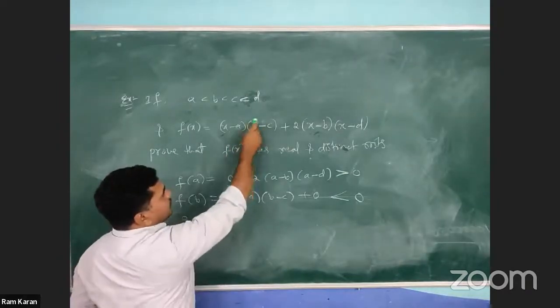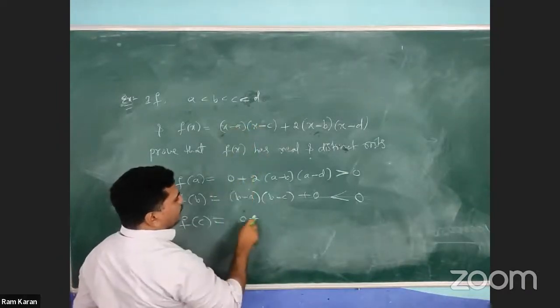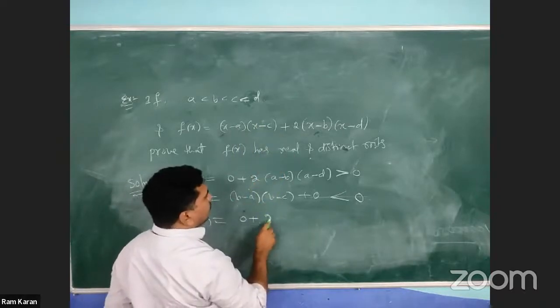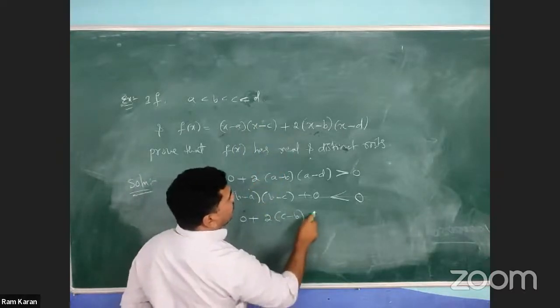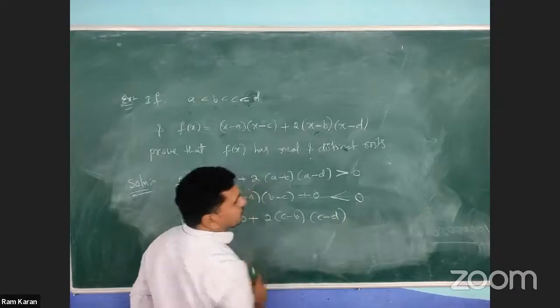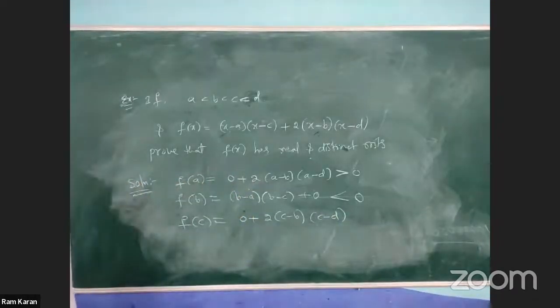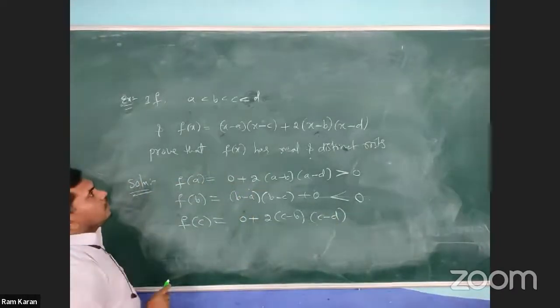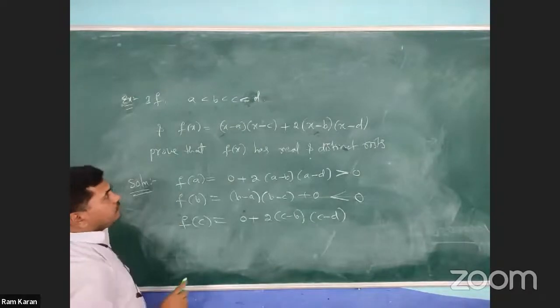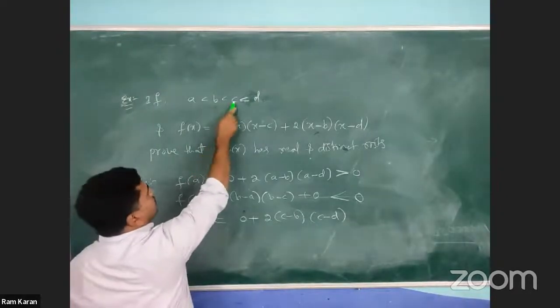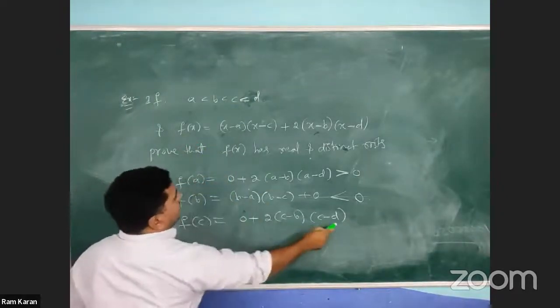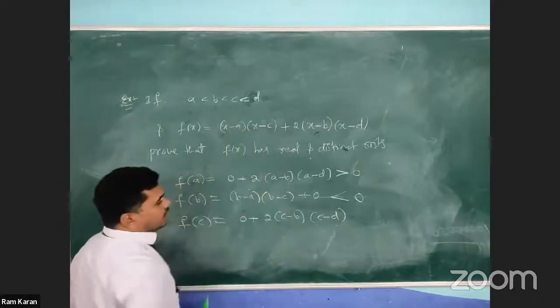Similarly, substitute c in f of x. c minus c is 0, plus 2 into c minus b into c minus d. c minus b is positive, but c minus d is negative.